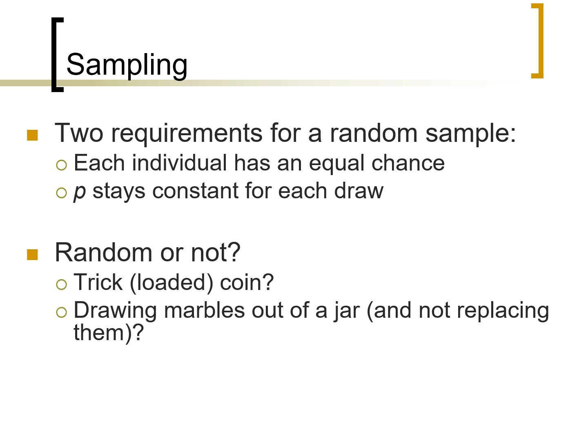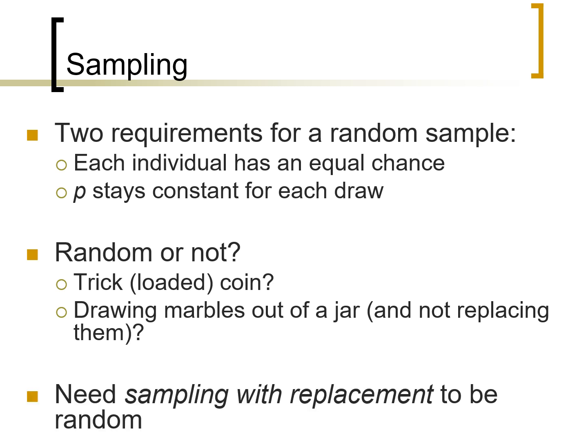We also have the issue of, for example, drawing marbles out of a jar. What do we do in terms of once we've made a draw? Do we keep that marble out, or do we put it back in? What we need to remember is that we need sampling with replacement. You put that marble back in. So this is to keep a random draw.